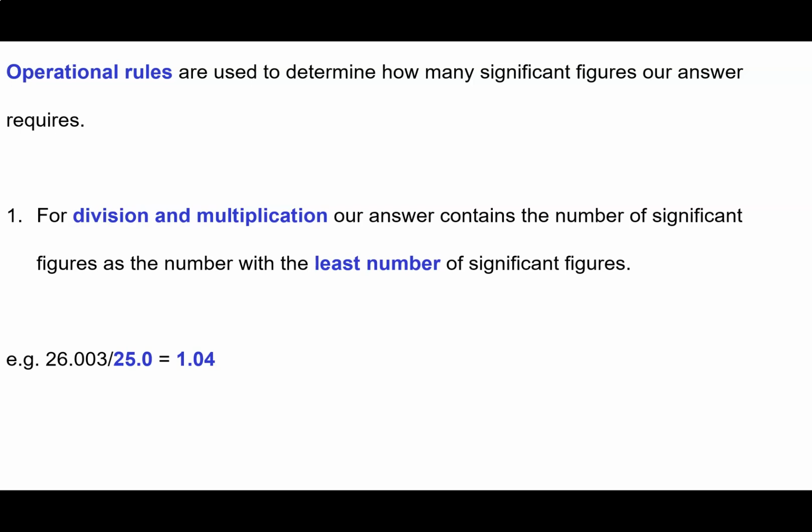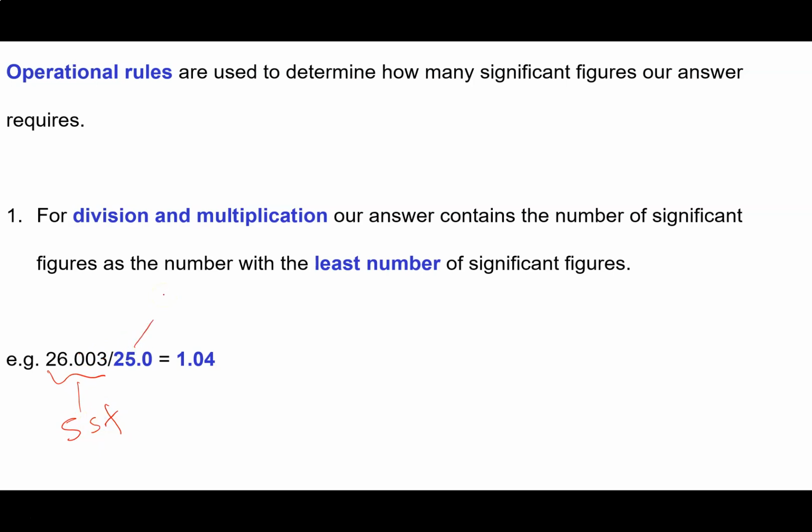And we have two of these, one that deals with division and multiplication, and a second that deals with subtraction and addition. When we are dividing and multiplying measurements, it's important that our answer contains the same number of significant figures as the number with the least number of significant figures. So here I am dividing two numbers. This top number has 1, 2, 3, 4, 5 sig figs.